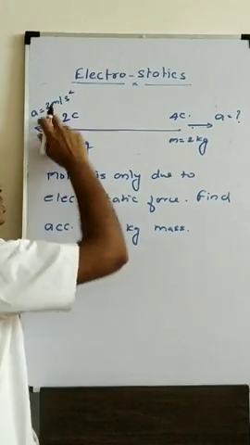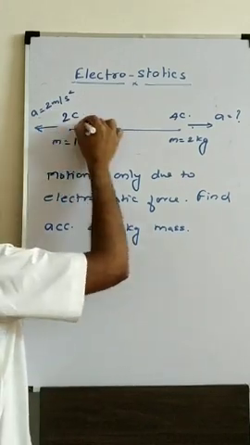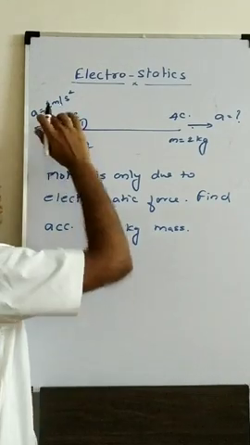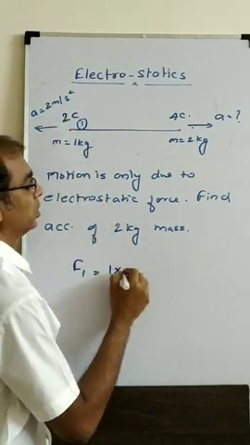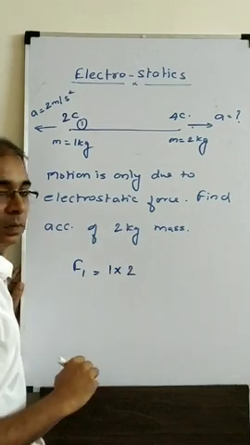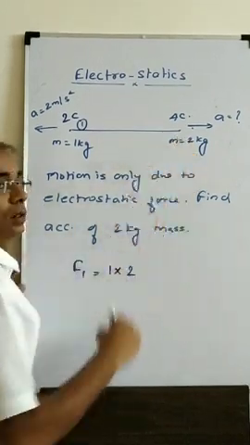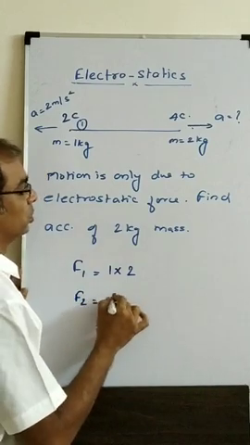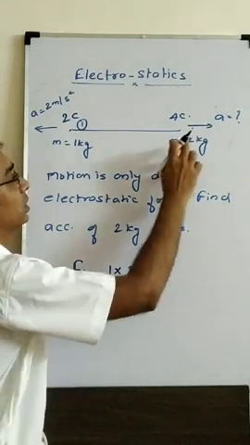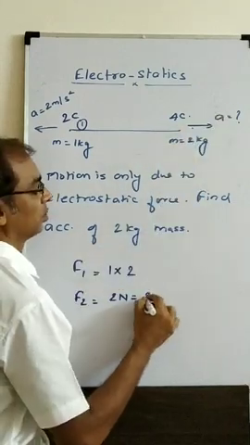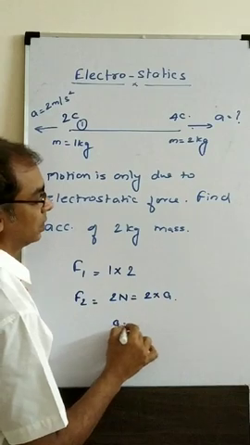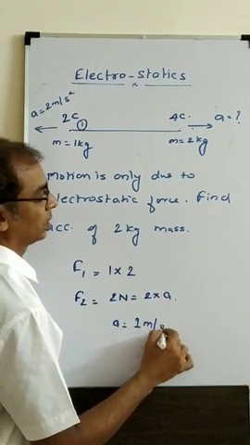If I say this is charge number 1, the force on 1 is mass into acceleration, 1 into 2. So the force on this also should be 2. So F2 is also 2 Newton, which equals its mass into its acceleration, that means 2 into a. So the acceleration is 1 meter per second square.